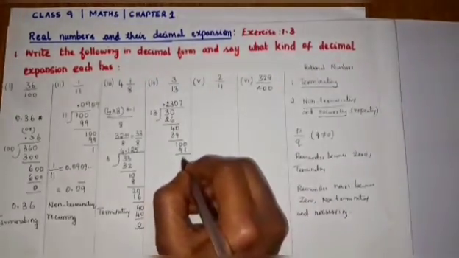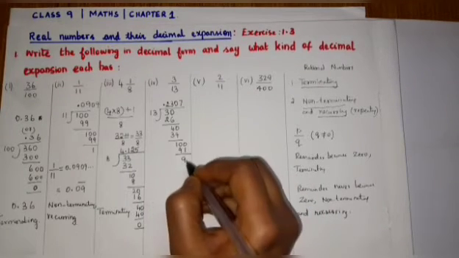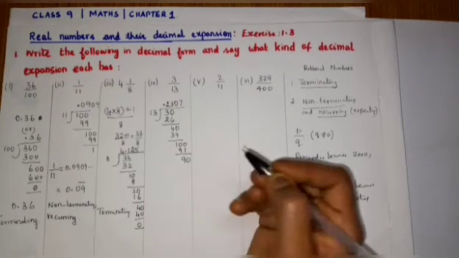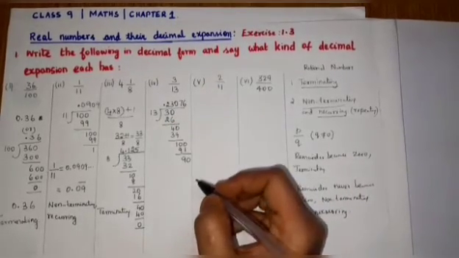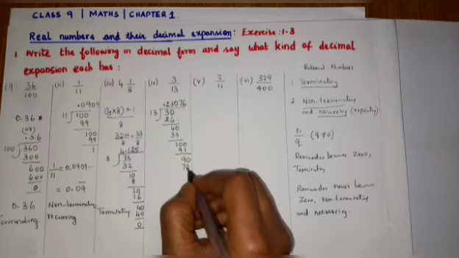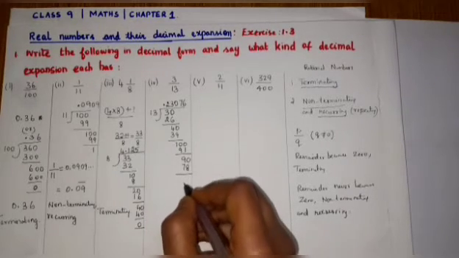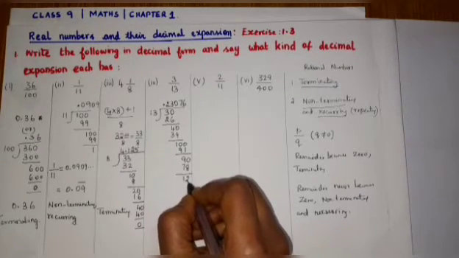And if you subtract, you will get 9. Add 0 to the right of the number. Then 6 13s are 78. Then if you subtract, you will get 12.